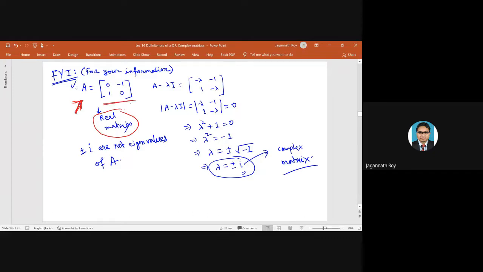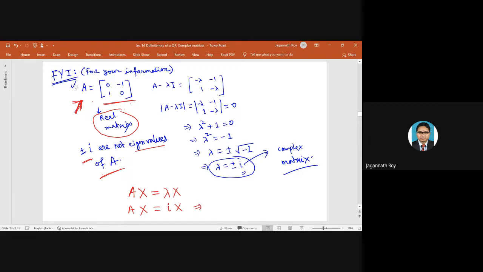So we cannot claim that plus minus i are the eigenvalues of the matrix, because if you multiply A by X, it equals lambda times X, and the vector is going to be complex.